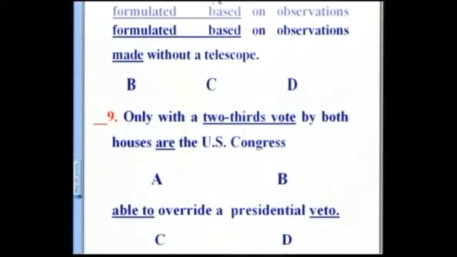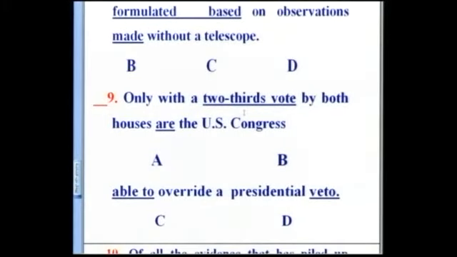Let's look at number 9. Only with a 2/3 vote by both houses are the US Congress able to override a presidential veto. Only with a 2/3 vote.